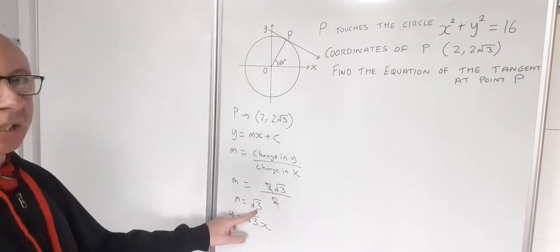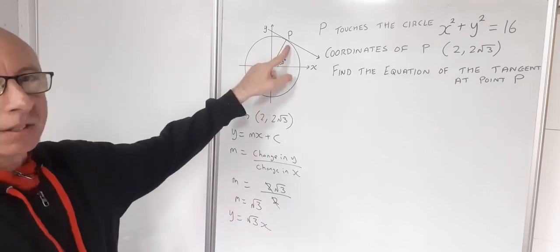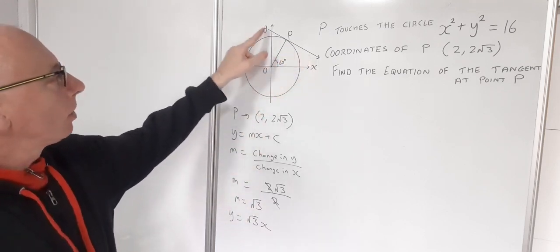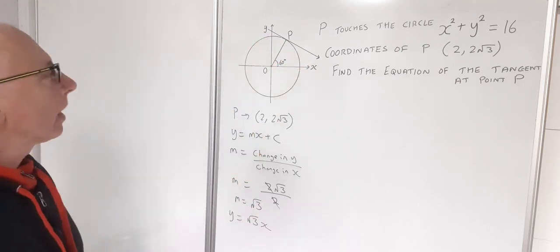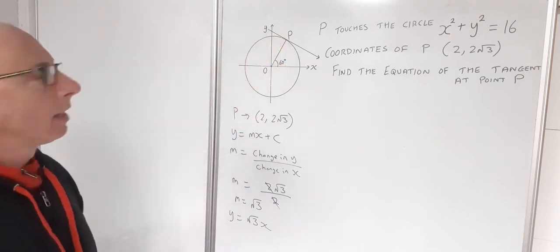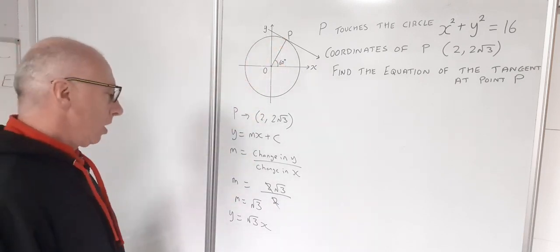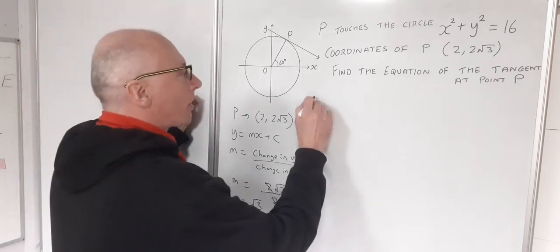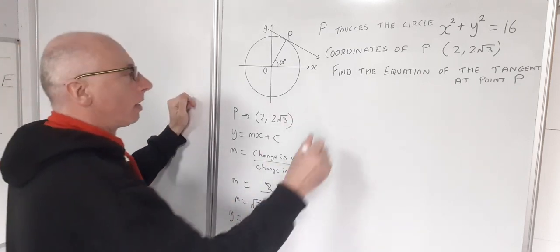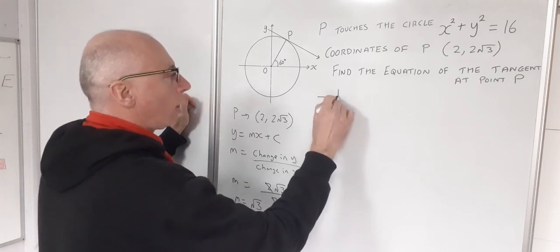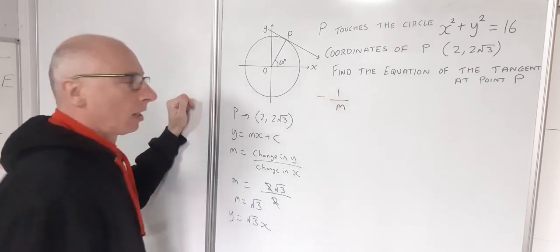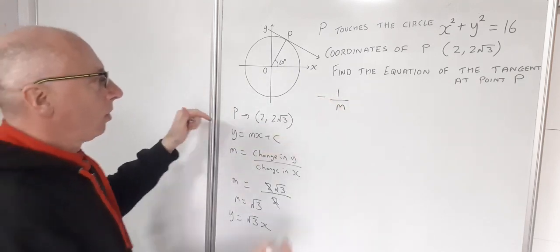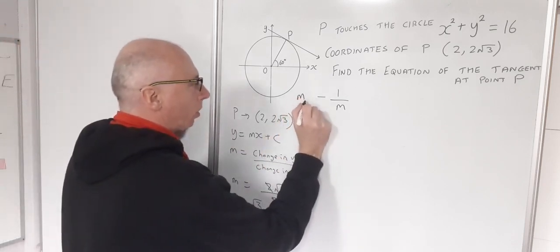Now we only really need the gradient for this point P and the tangent there. So let's find the negative reciprocal. So the negative reciprocal of m, so negative 1 over m. Let's call this our new gradient, which we'll call m2.